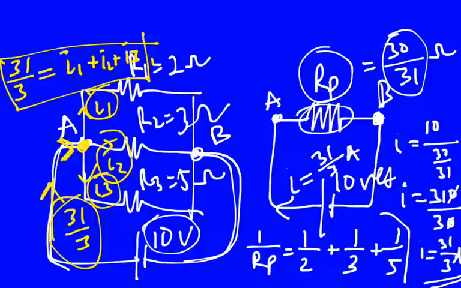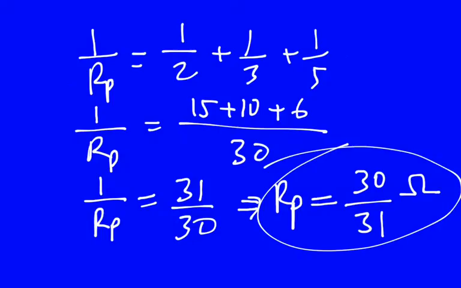So if we just have a pure parallel circuit like this, and they are just connected to one 10 volt battery, basically the currents I1, I2 and I3 are very simple. Okay, let me show you.